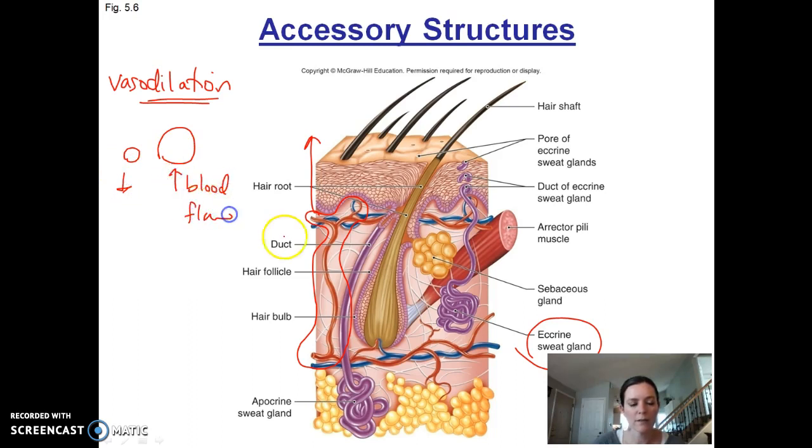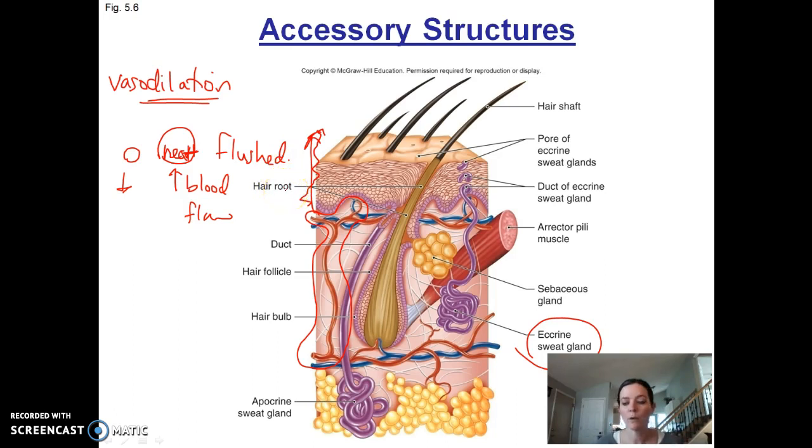And if this vessel here in the skin increases blood flow through it, that means that there is more blood, which is warm. So more heat is coming to the surface of the skin that can get used and can get lost into that external environment. Let me back up. When that happens, that's when the face ends up looking flushed because we brought the blood to the skin surface.